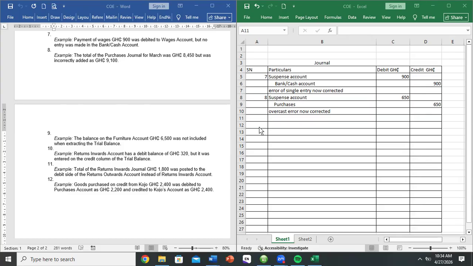And that is clearly seen here: the balance on furniture was not included when extracting the trial balance. Okay, so let's do some analysis so that you can understand. If you are drawing your trial balance, you have the debit column and the credit column, isn't it?